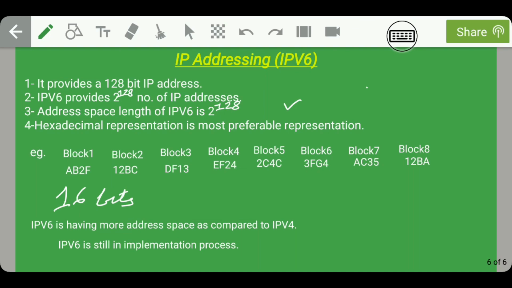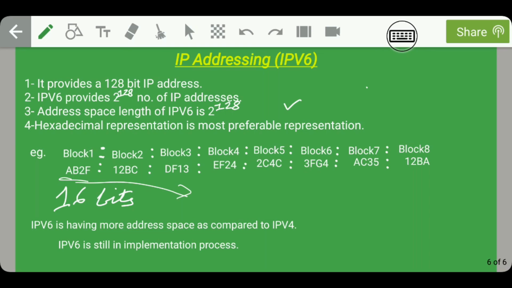Moreover, in IPv6, each block is separated by a colon. So here this AB2F is representing one block. These are all hexadecimal digits and each digit is of 4-bit size.